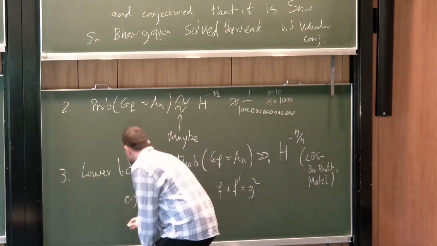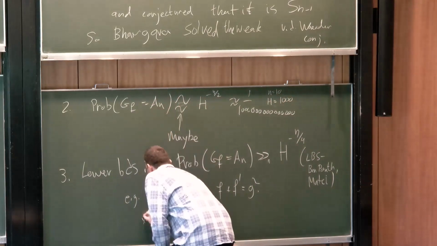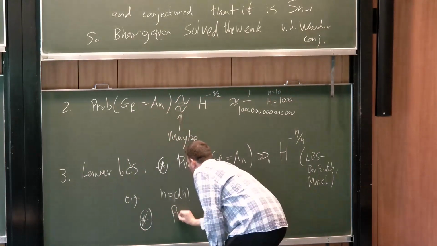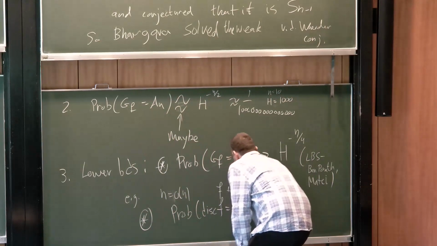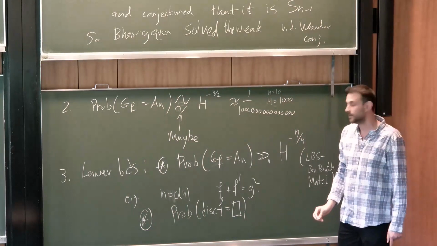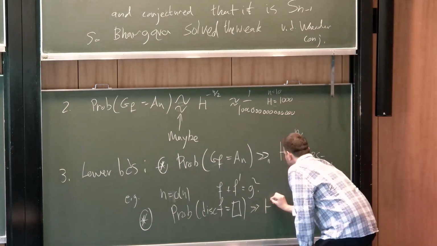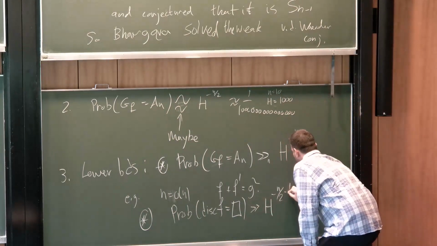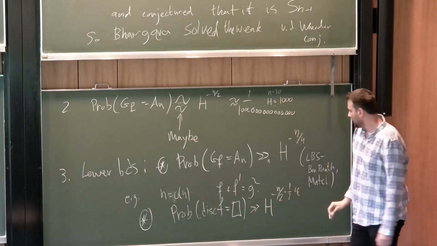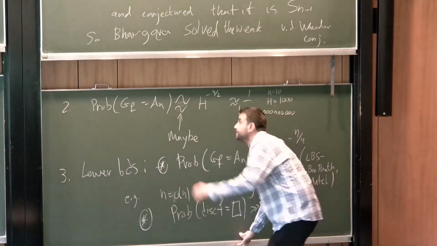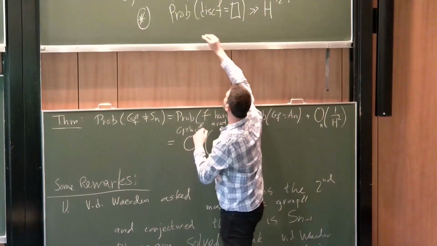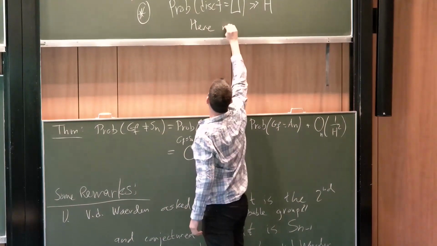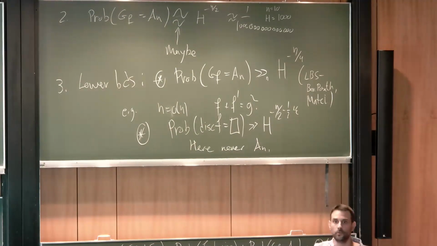And the last remark is that if you're just interested in a square discriminant, then somehow you can find a better family, something like H to the n minus 2 minus a half plus epsilon. But here it's never A_n. So it's always a smaller group.